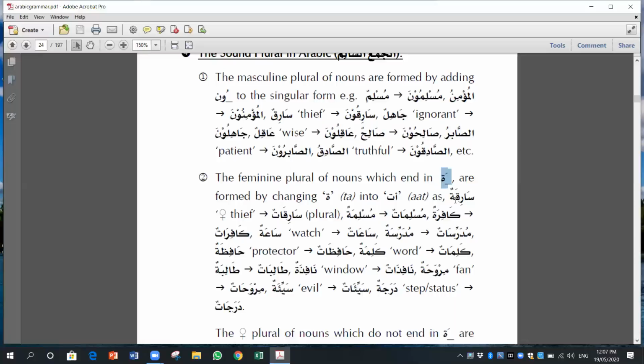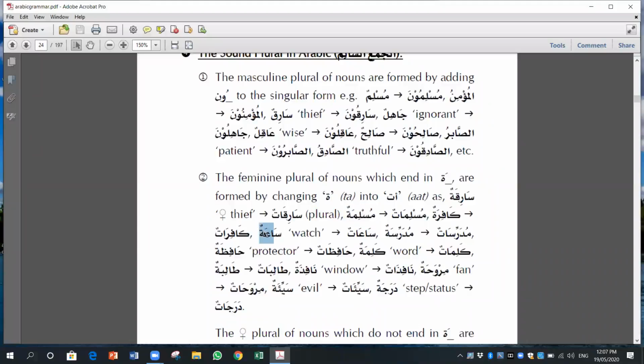Like sariqatun, the thief, a female thief. It's an attribute, the person who steals is called sariqatun. It's not a personal name. Like muslimatun, again an adjective, the one who submits, who obeys. There are some other examples also, like sa'atun, watch.